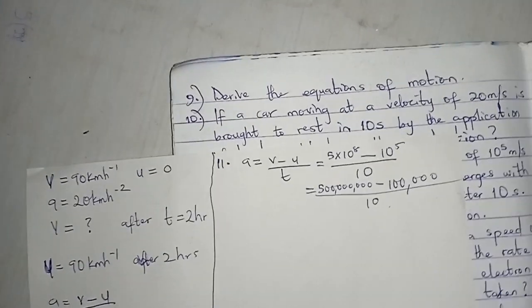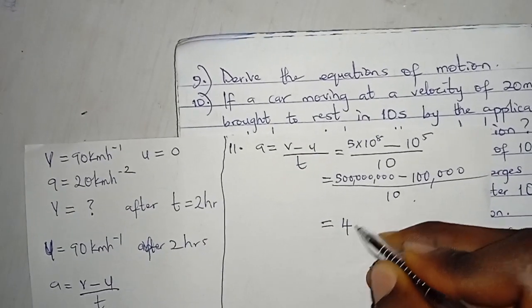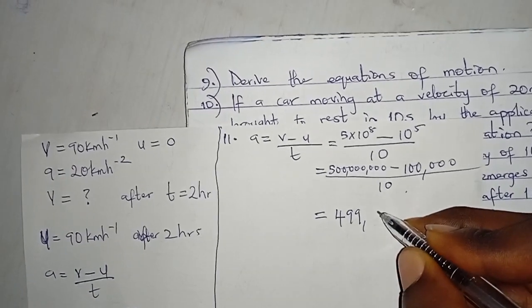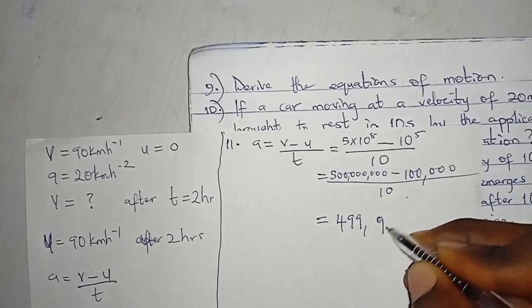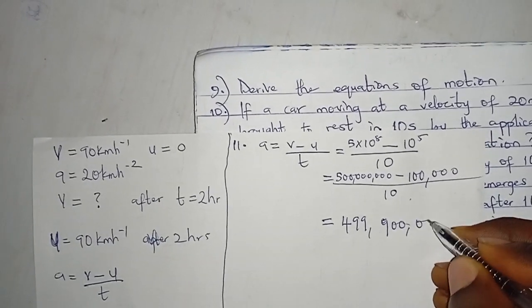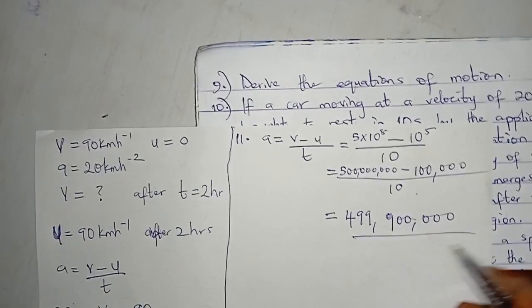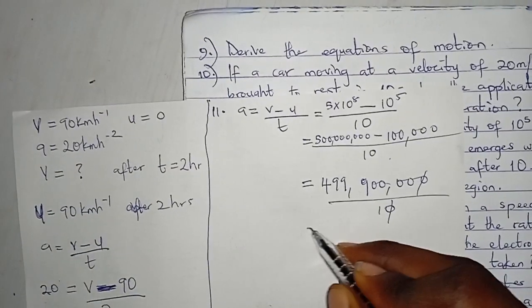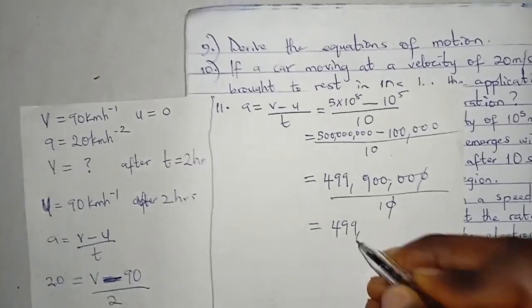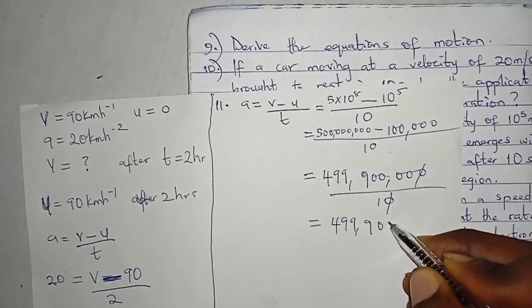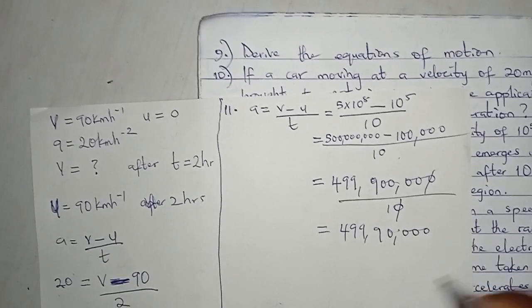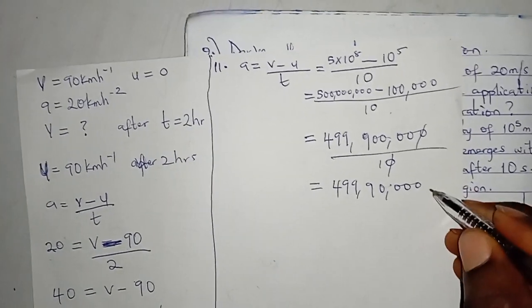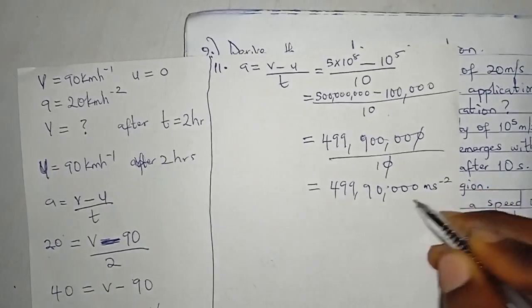So we get 499,900,000 all over 10. So we get 49,990,000. So this is the final answer, and it's in meters per second squared.